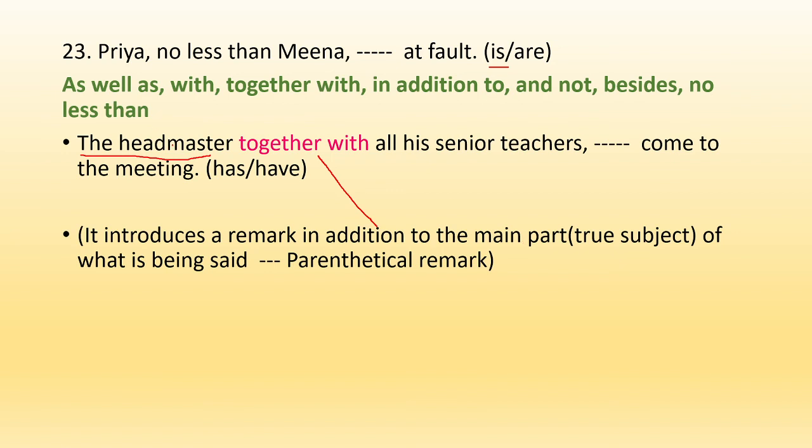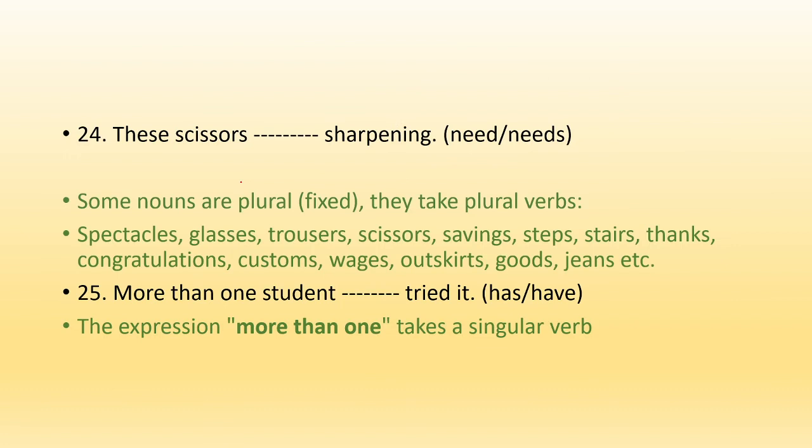So here the main part, or the true subject, is headmaster, so we have to take care of headmaster. This additional remark is also known as a parenthetical remark. So the headmaster has come to the meeting. This will become the answer, has.